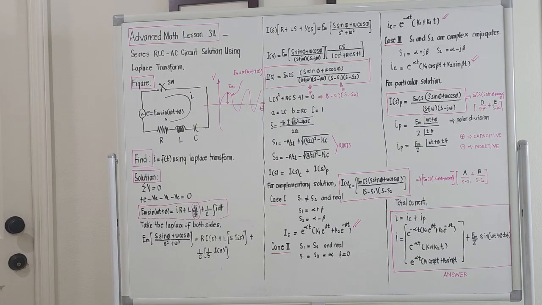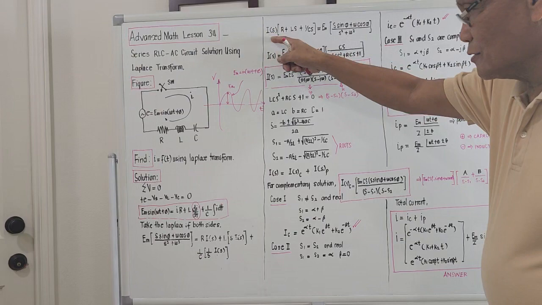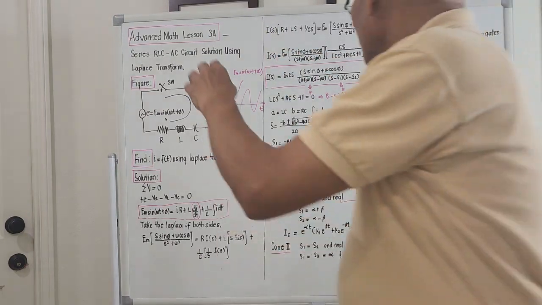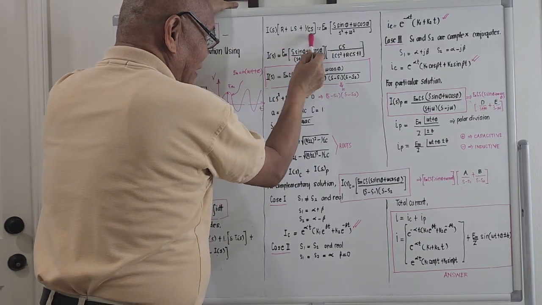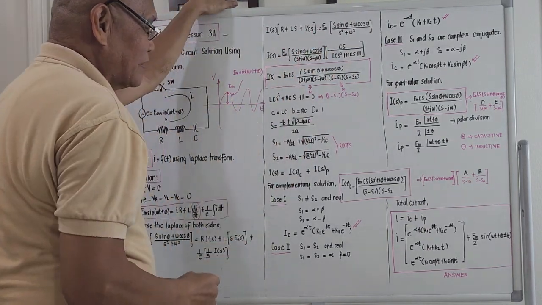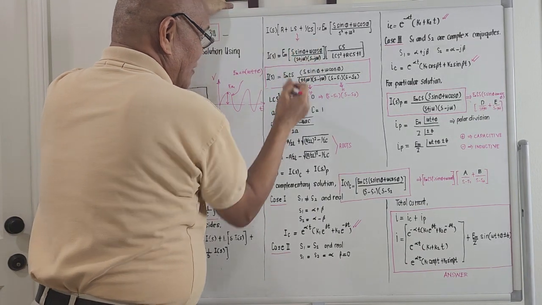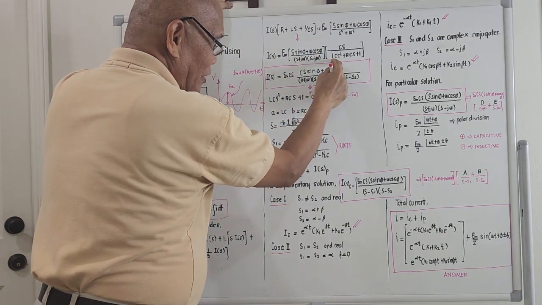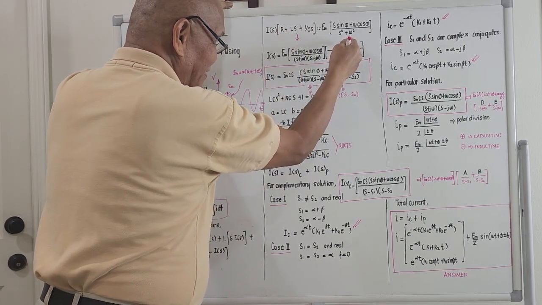Okay, it's still fine. So if we compute for capital letter I as a function of S, we will take the right hand side, then divide by this. The simplification of this will be LCS squared plus RCS plus 1, all over CS, right?